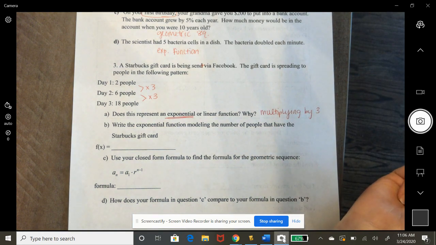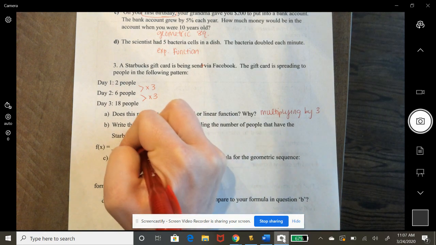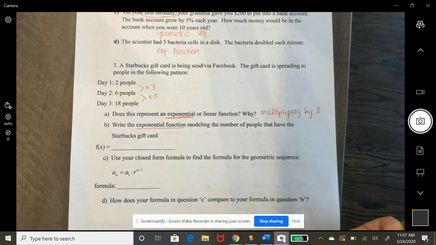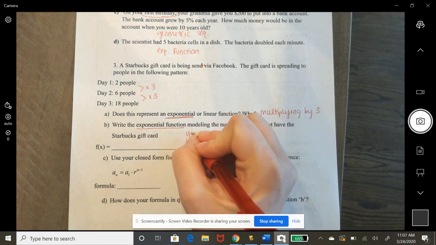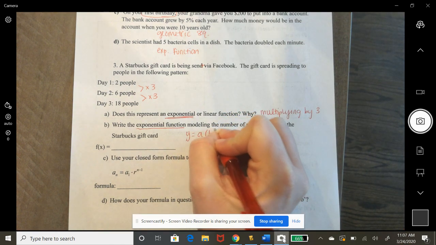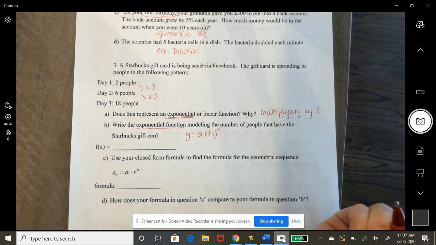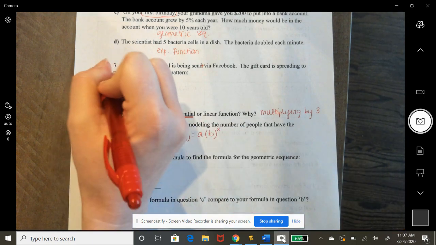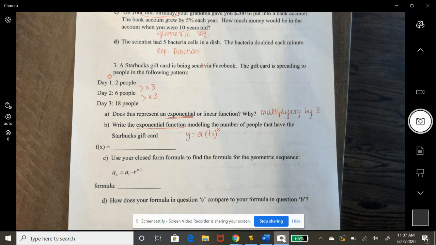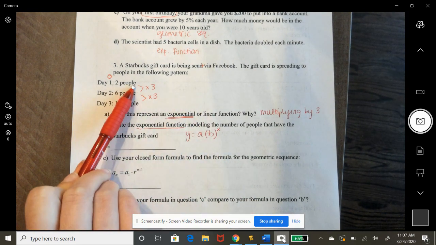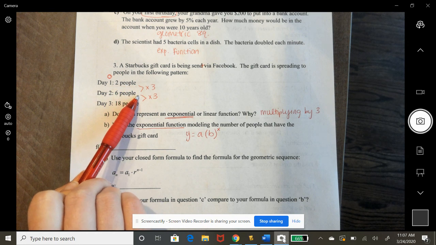Okay, so B says write the exponential function modeling the number of people that have the Starbucks gift card. So if I want to write the function, that's when I'm doing the A times B raised to the X. Okay, so I actually need to go back to day 0 to get that initial value. So if going this way, I'm multiplying by 3.